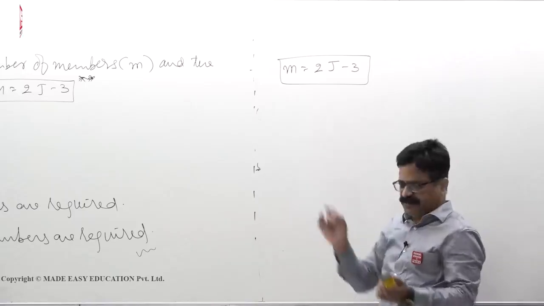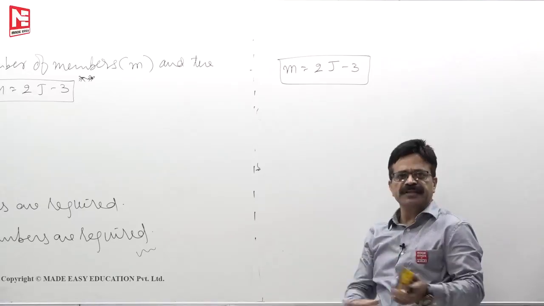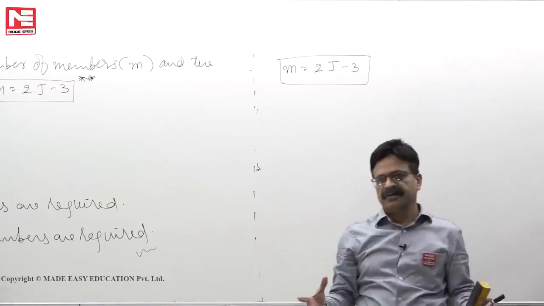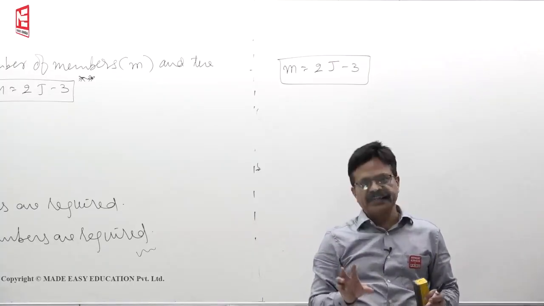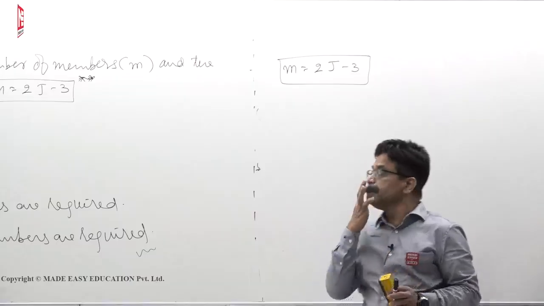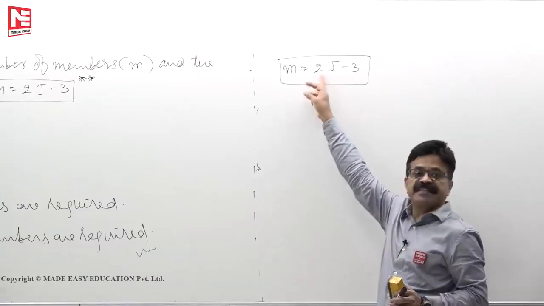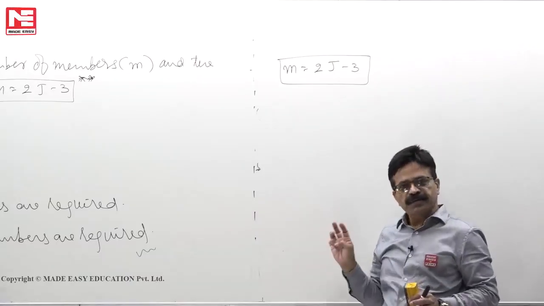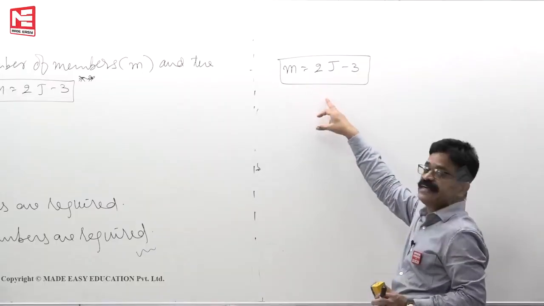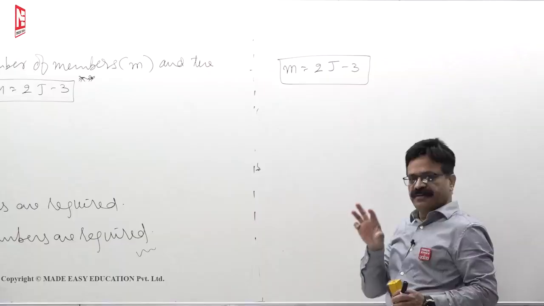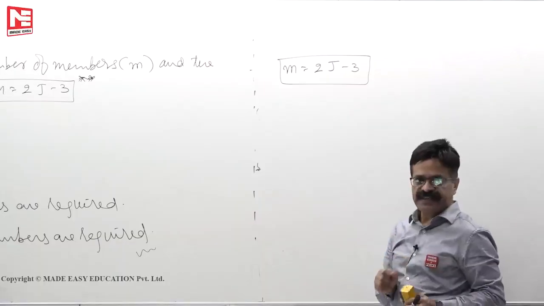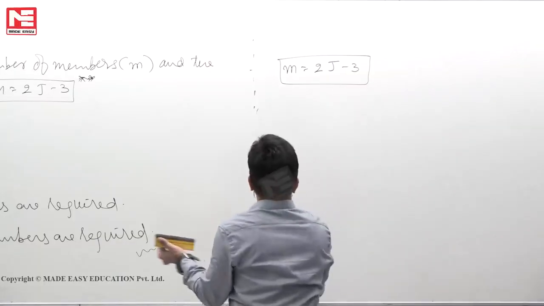This truss construction, now if you want to keep it on 2 supports, then we call it a simply supported statically determinate truss. So, if this condition is satisfied, you will get a statically determinate, a triangulated stable truss.